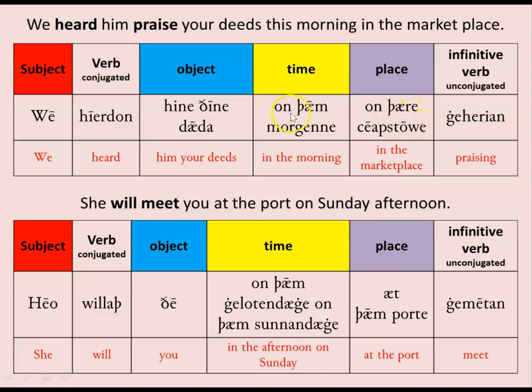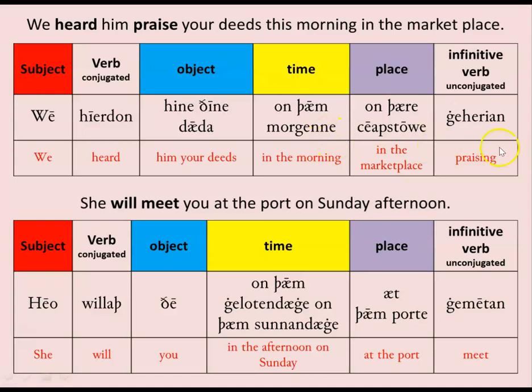Over here, on tham marchana, on is a preposition, it needs a dative object, so everything here, the and morning, must be in the dative. Dative singular is tham or thaem, there are two different spellings. Marchana, morning, must be in the dative form, so marchana, in the morning.